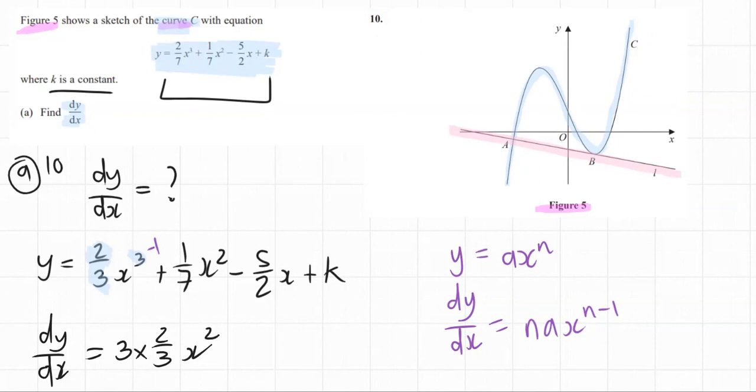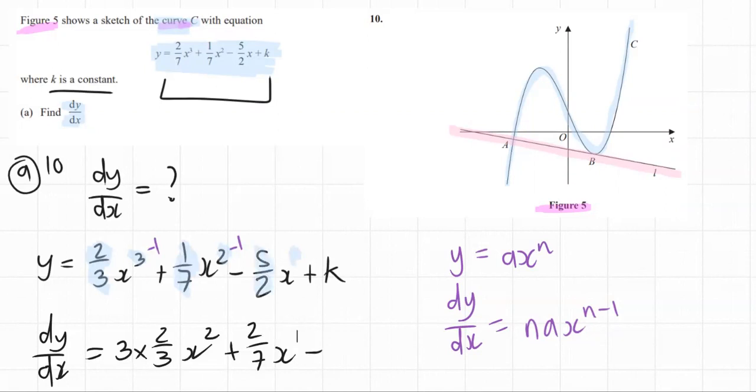And then we do the same thing for the next one. 2 times 1 over 7 is 2 over 7 x, and 2 minus 1, n minus 1, is just 1. Then we go 1, the invisible 1 over there, times 5 over 2.